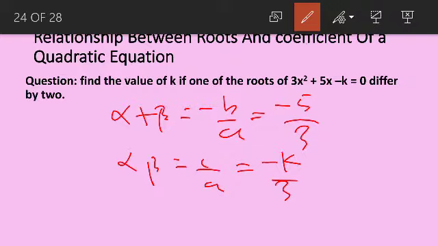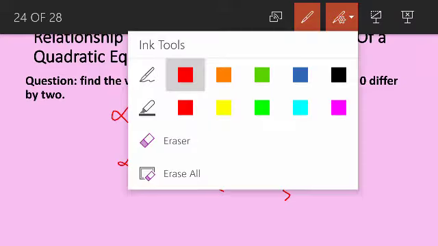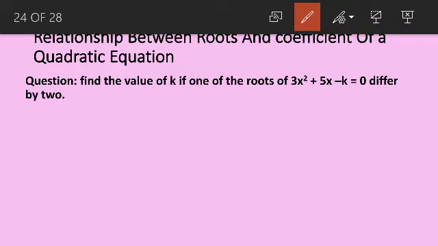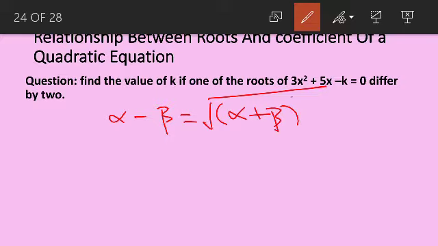So if we are to substitute, let's bring out our equation again. We are told that alpha minus beta is equal to the square root of alpha plus beta all squared minus 4 alpha beta. Then we are given that they differ by 2, so the difference is 2.